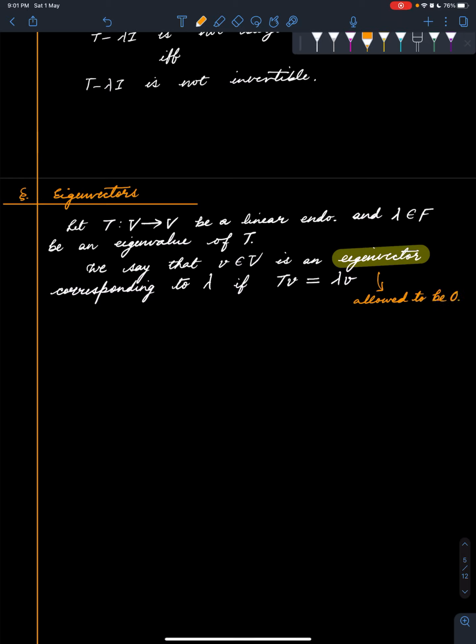However, some authors may not do so. Some authors may always disregard 0 as an eigenvector. That depends on really the author. But I personally like to regard 0 as eigenvectors.